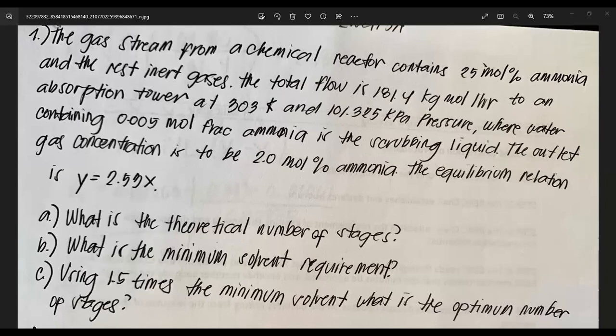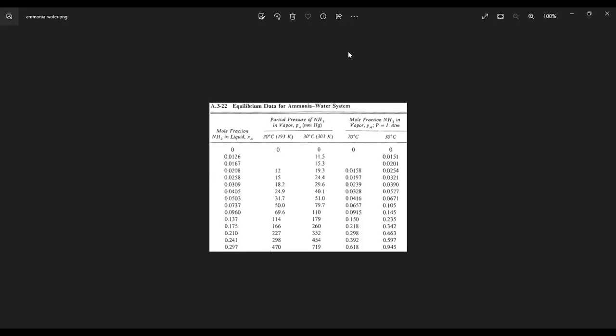Okay, let me open and share it to you. Can you see it?